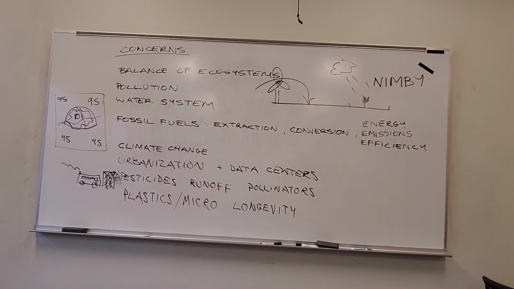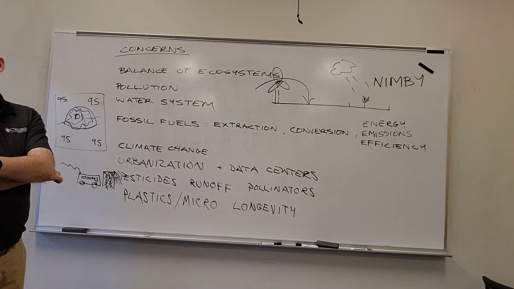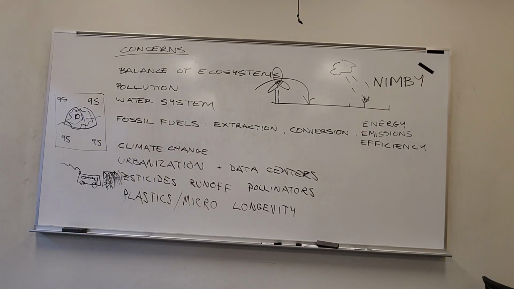Okay, so I made a very short list of things that I could think of, and how we can collate these concerns, which I was just assuming that you would all generate into categories.